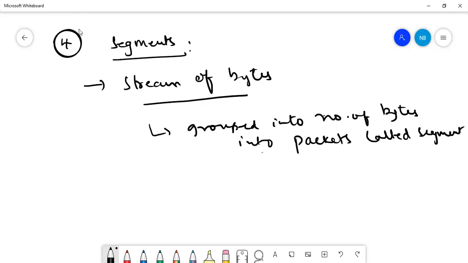So what is a segment? A segment is nothing but grouping a number of bytes into a format called a packet. That is called a segment here.